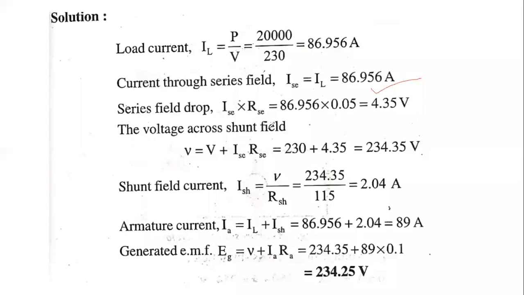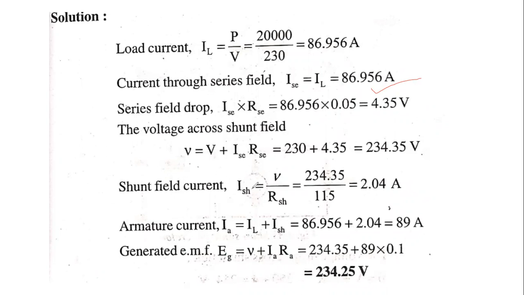Next, the voltage across the shunt field winding, V, is equal to V plus ISC RSC.